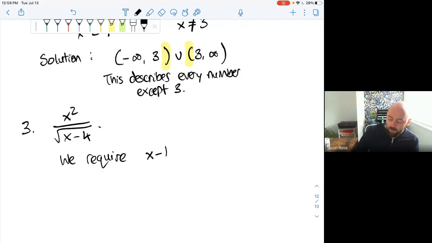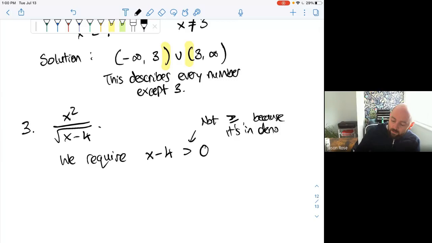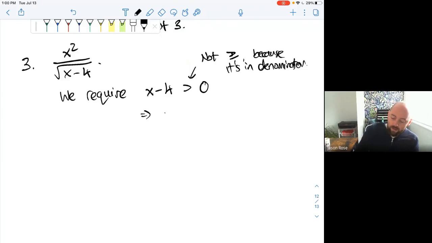We require x minus 4 greater than 0. This time, it's not greater than or equal to because it's in the denominator. Okay, so this means that x has to be bigger than 4.